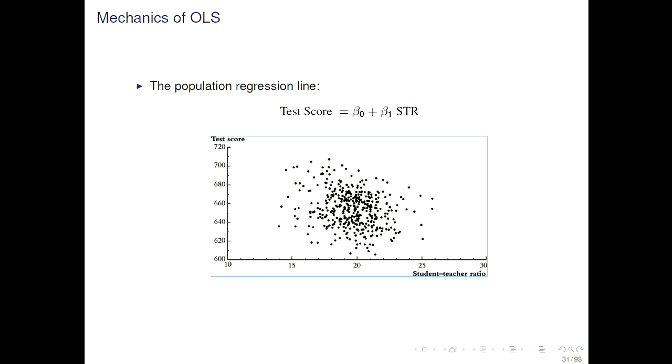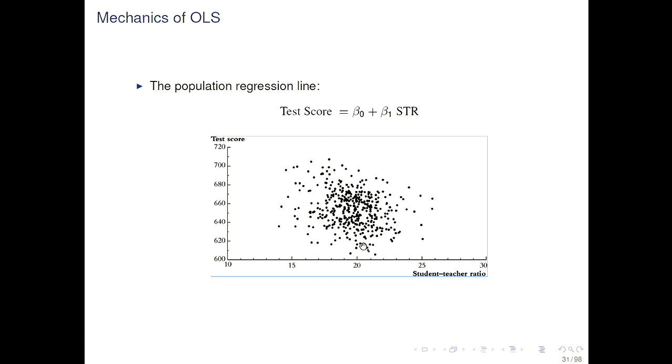So let's look at the data once again. Data for the test score and student-teacher ratio looks like this. This is a scatter diagram. Okay, and the idea is we want to draw just one straight line that explains this scatter diagram the best.